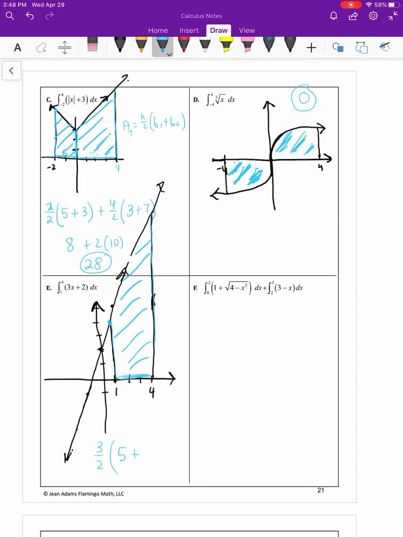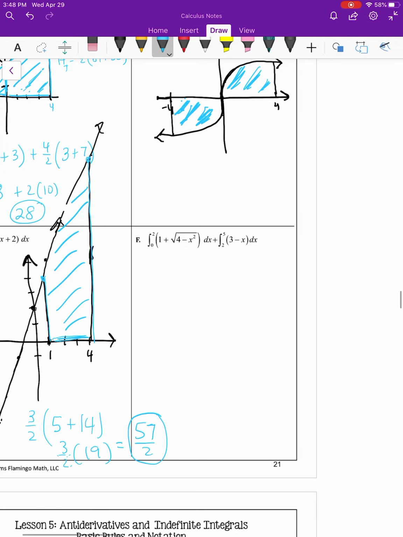So my function's value at 1, 3 times 1 is 3 plus 2 is 5. And then plus my function's value at 4. So again, I would take 3 times 4, 12, plus 2, 14. So I have 3 halves times 19, 57 halves is my answer to that integral.